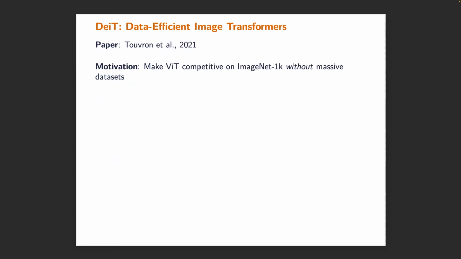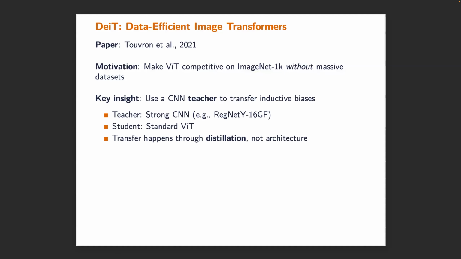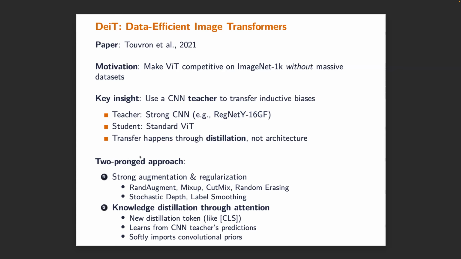And the goal was to make ViT competitive on a small scale dataset, ImageNet more specifically. Like I said, the insight is let's use a CNN. Back then they used the CNN that was the state of the art as a teacher that transfers its knowledge through this distillation process during training. They also consider augmentation, regularization, and some other techniques along the way.